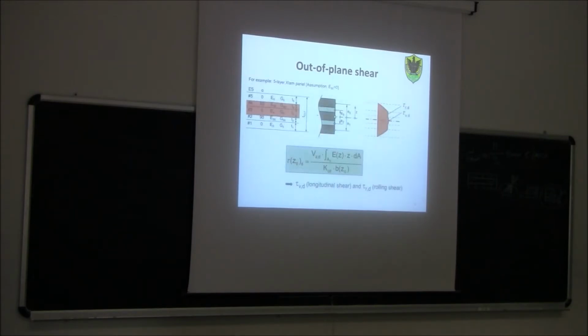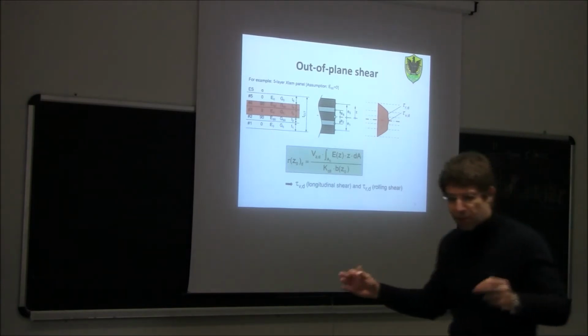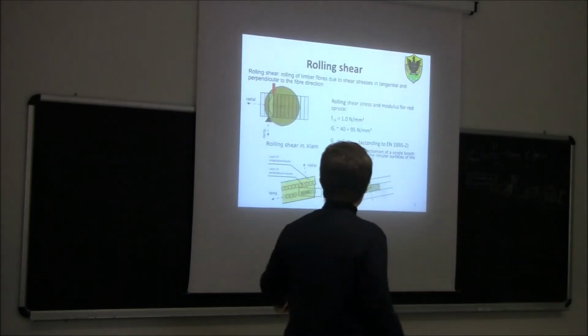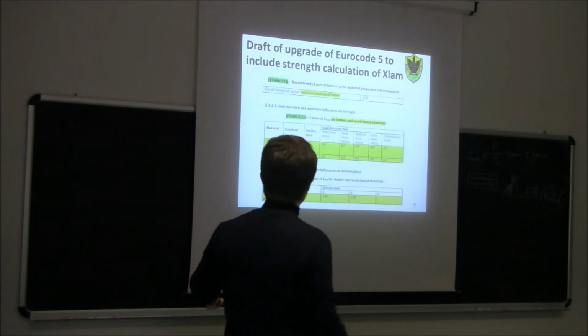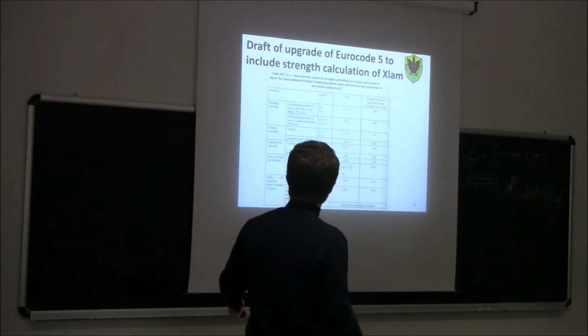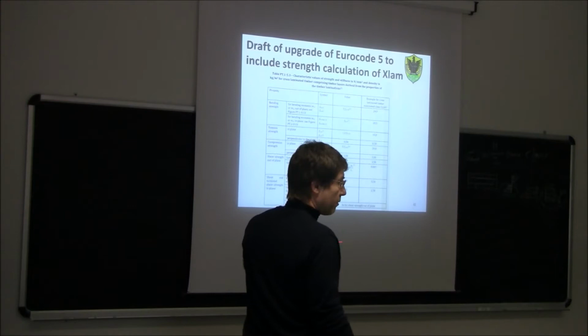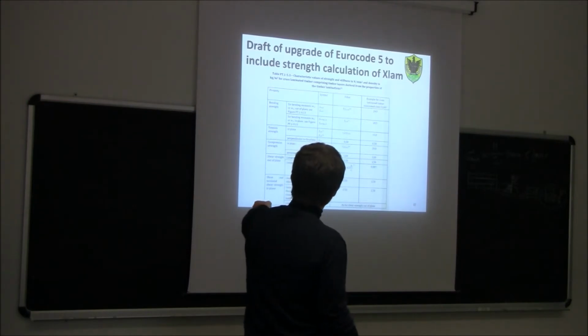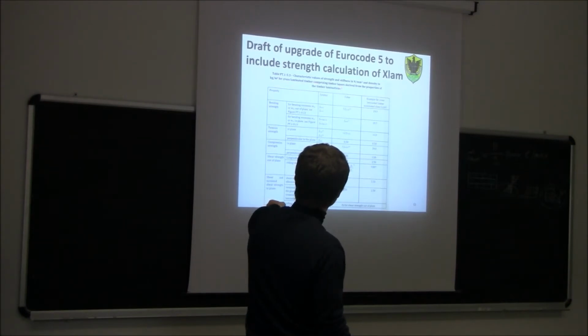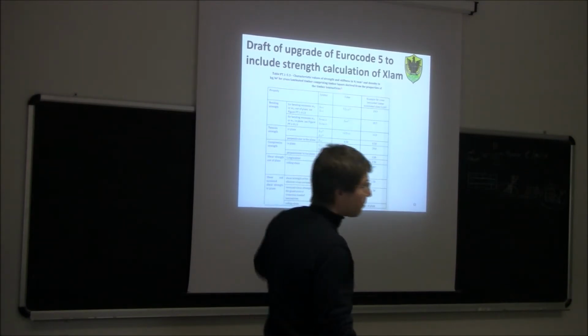Okay? As we will see later on, there is now a table, a proposal in the new Eurocode 5. I can show you just some images, to understand what I'm talking about. A table like this, with characteristic values of strength, stiffness and density for cross-laminated timber comprising timber layers, derived from the properties of the timber lamination.